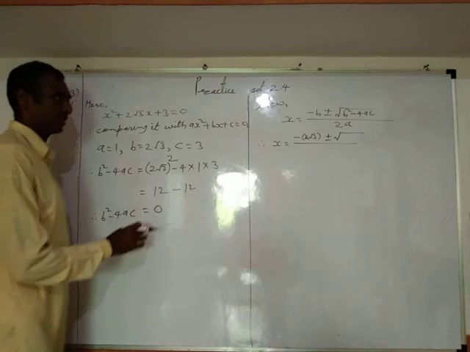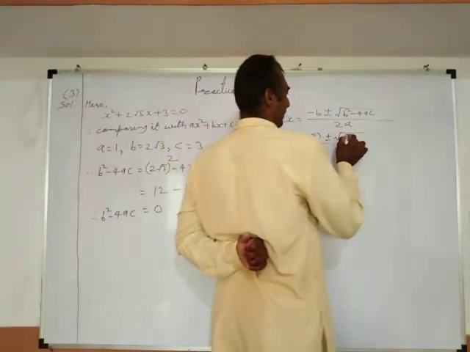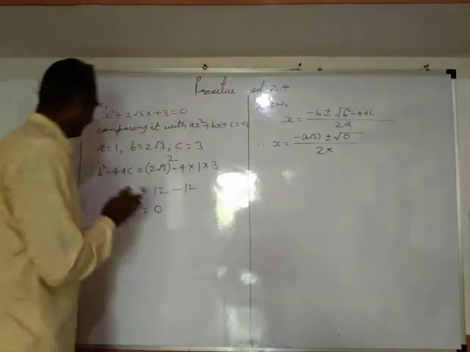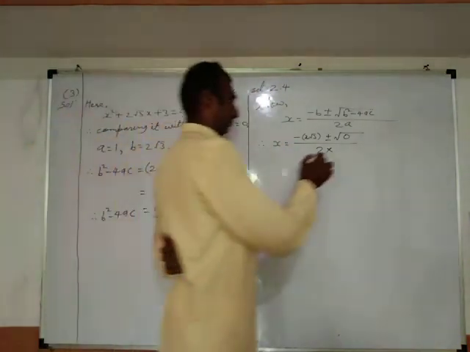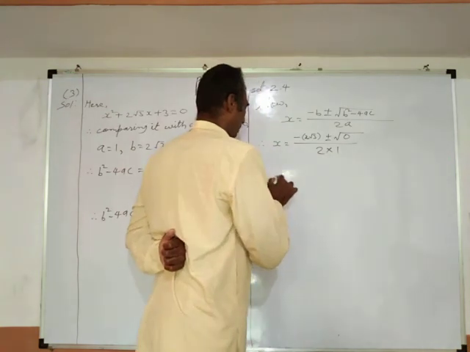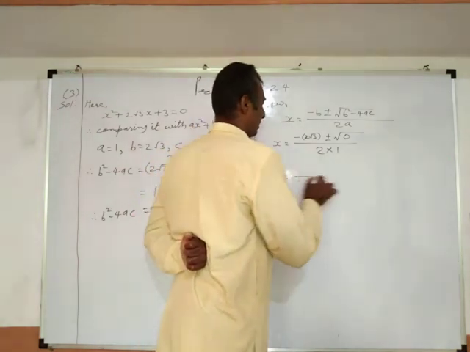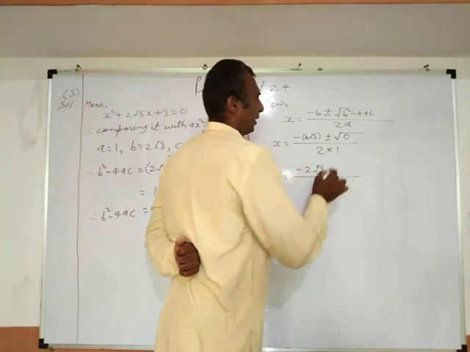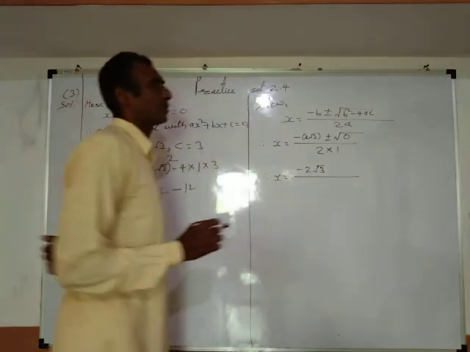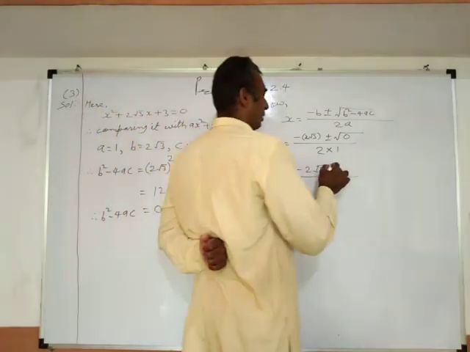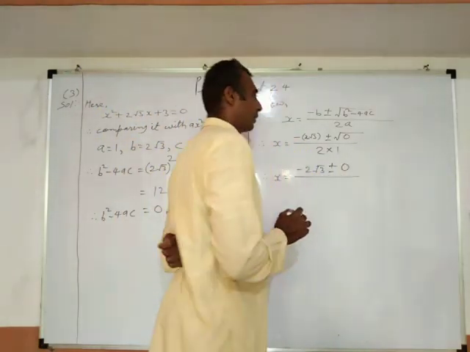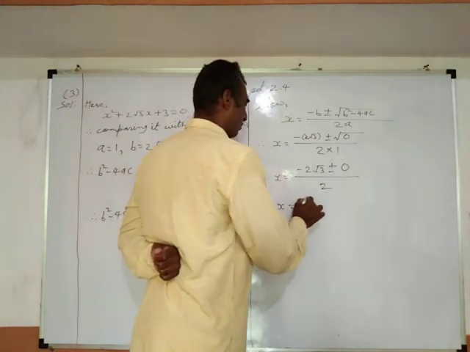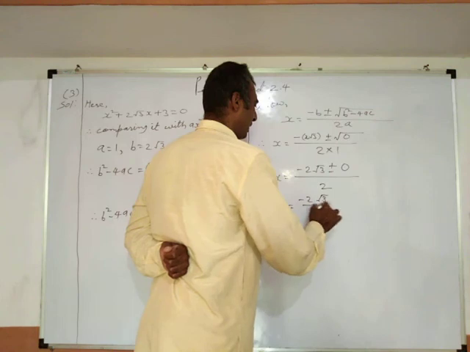B square minus 4ac equals 0 here. That's why under root 0 upon 2 into a, and value of a is 1. Therefore x equals minus 2 root 3 plus or minus root of 0, and root of 0 is 0, upon 2, and therefore x equals minus 2 root 3 upon 2.